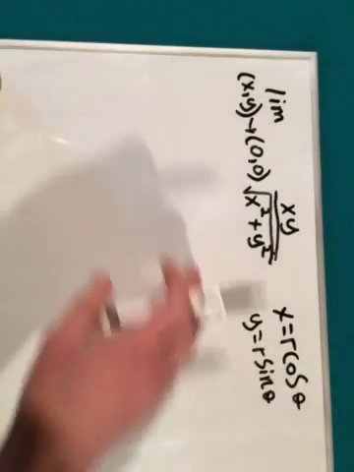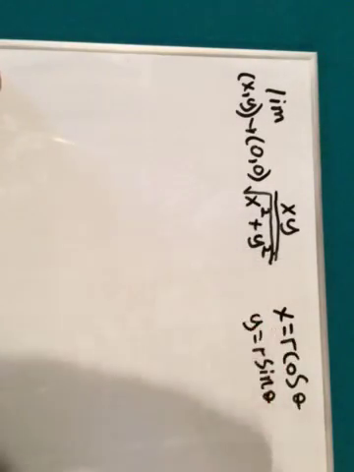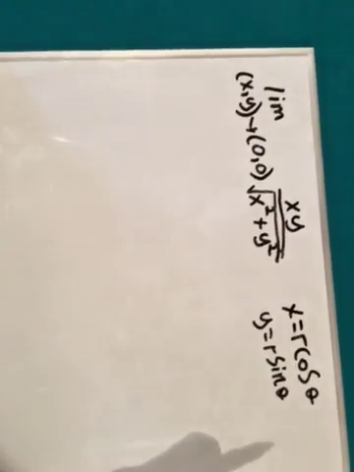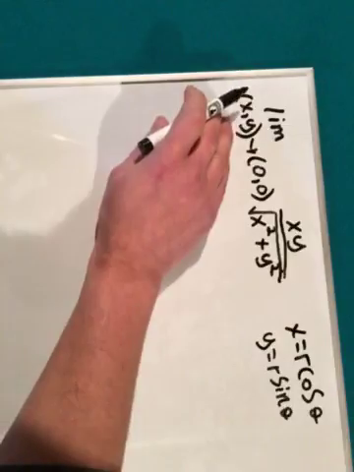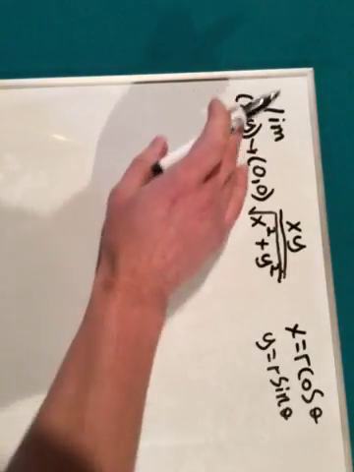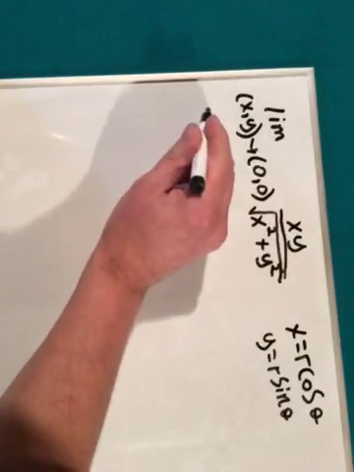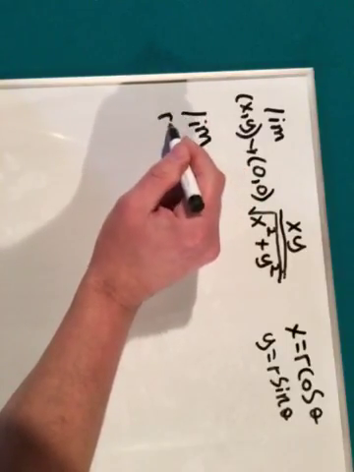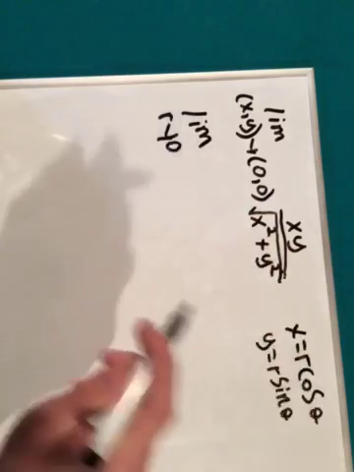Okay, we're going to convert everything to polar. So x is r cosine theta. That's always true. y is r sine theta. So instead of the limit as xy approaches 0, 0, we're taking the limit as r approaches 0. Of what though?